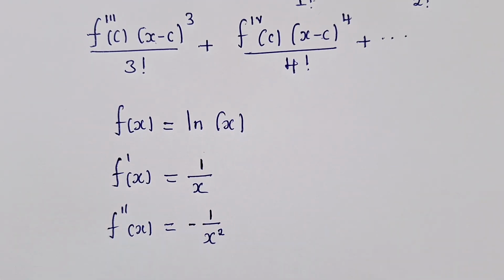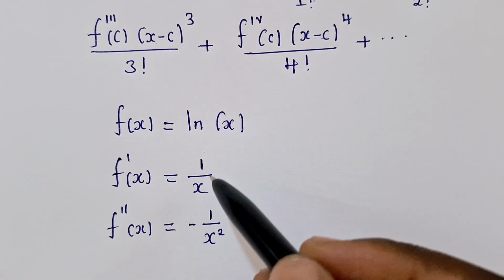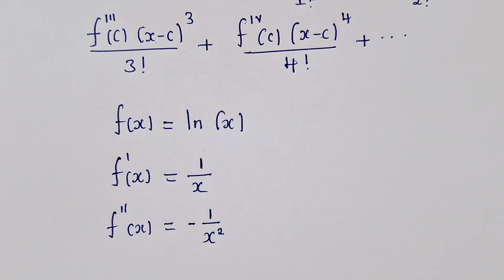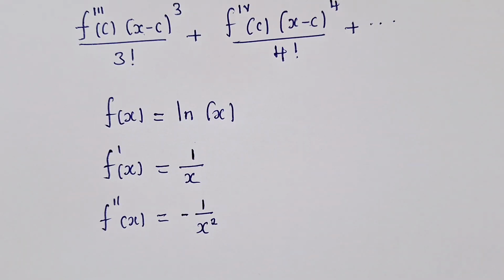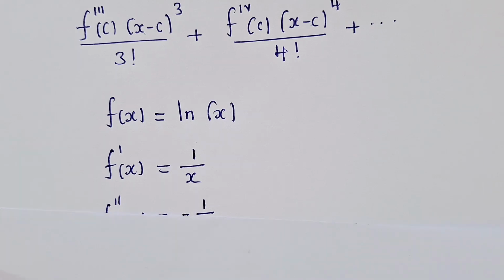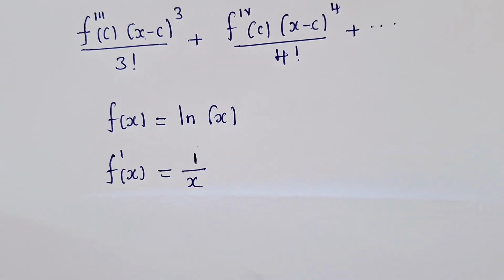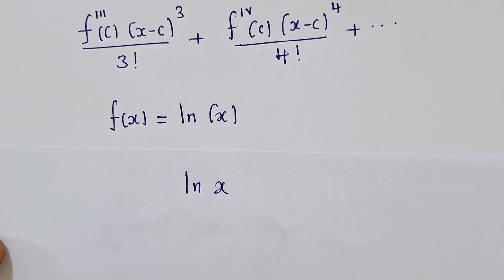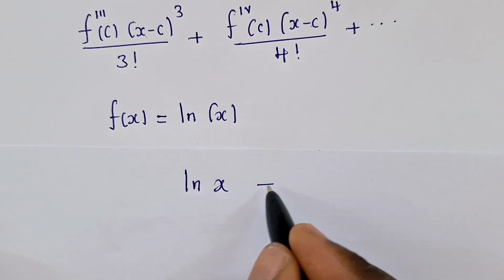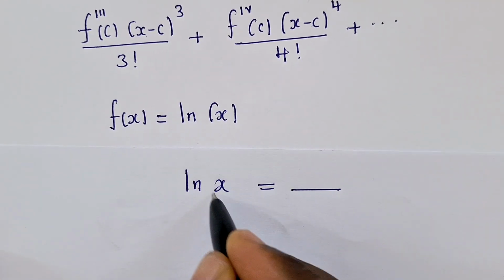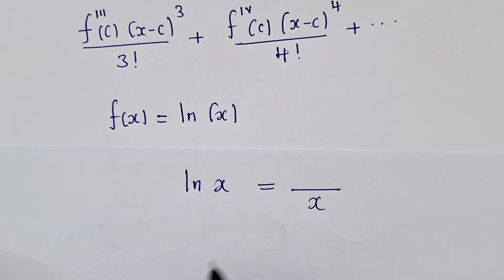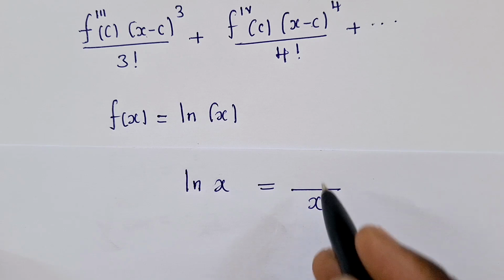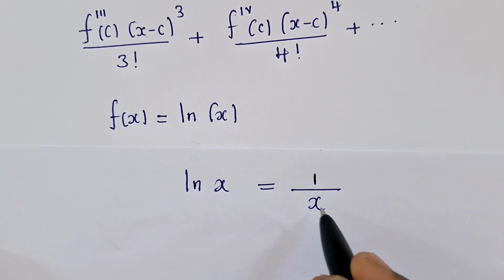Let me run you through how I managed to find these derivatives. Let me start with the first one. This is how we find the derivative: you write 1 over whatever is inside the ln, that is x, and then you multiply by the derivative of what is inside.